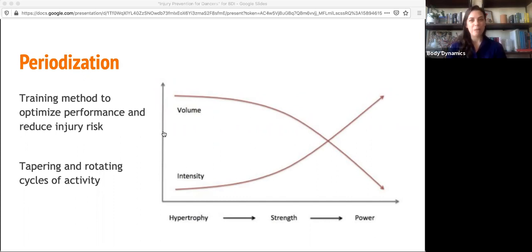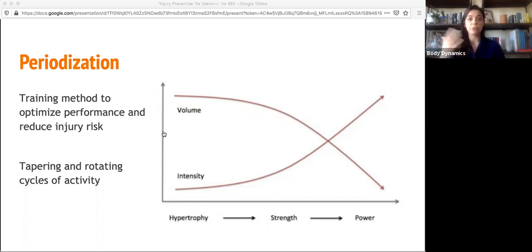So this is a training method to optimize performance and reduce injury risk. So by rotating through periods of rest, relative rest, which might be sort of like a break from dance training but staying active in other ways, or sort of nursing a specific injury. So if you've got a shoulder injury, you're relatively resting that while maintaining the rest of your training.